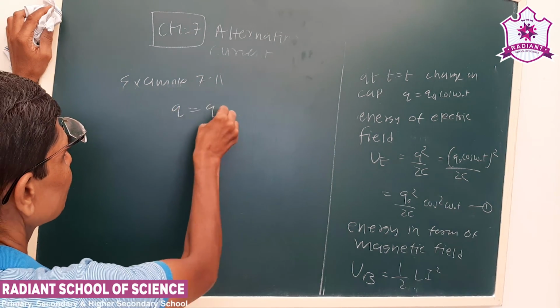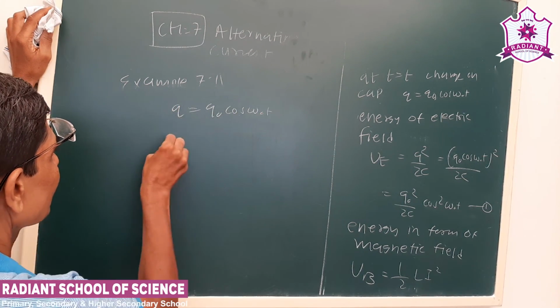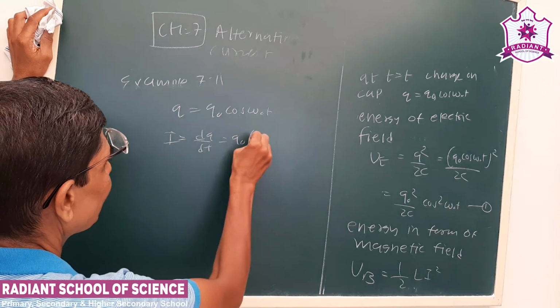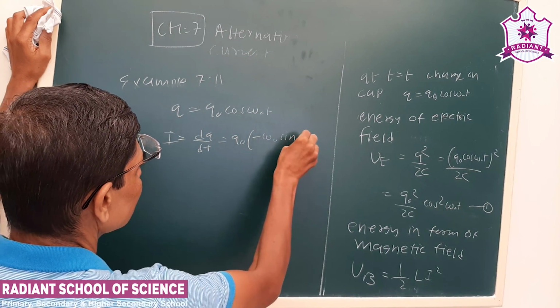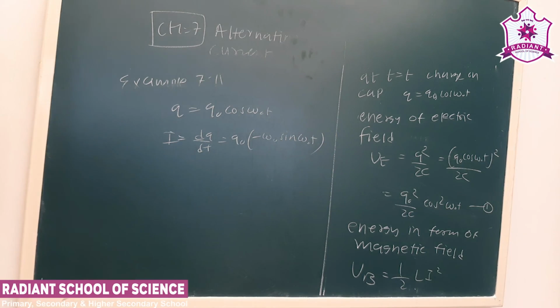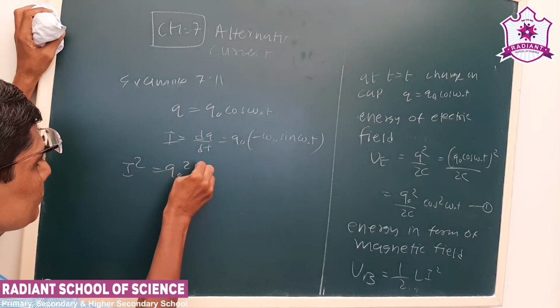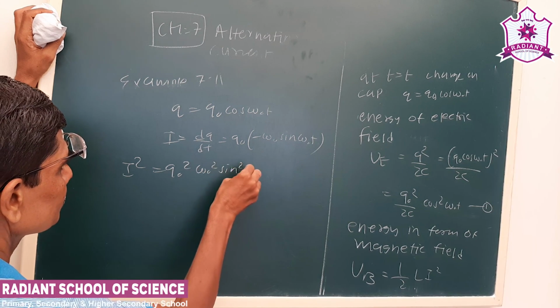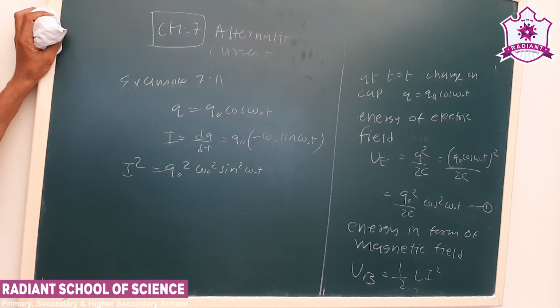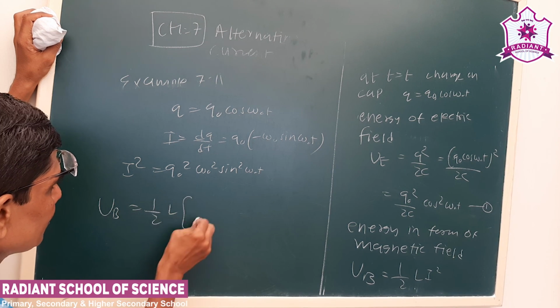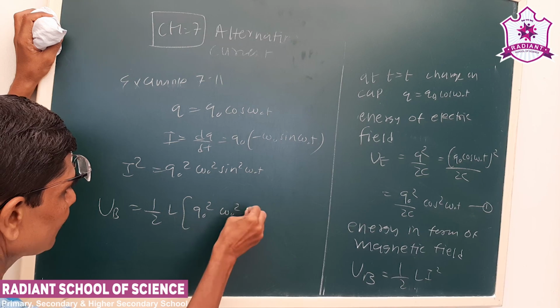Q is equal to Q0 cos omega 0 t, so i is equal to dq by dt, which is minus Q0 omega 0 sine omega 0 t. You are familiar with this: the derivative of cos omega 0 t is minus omega 0 sine omega 0 t. Now I want i square here. So UB will be 1 by 2 L Q0 square omega 0 square sine square omega 0 t.